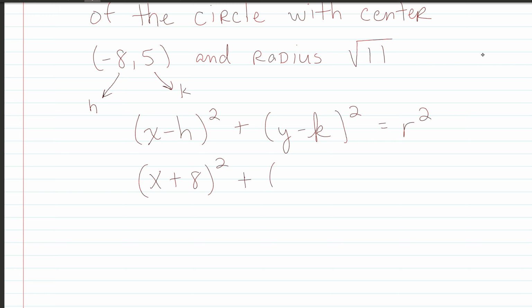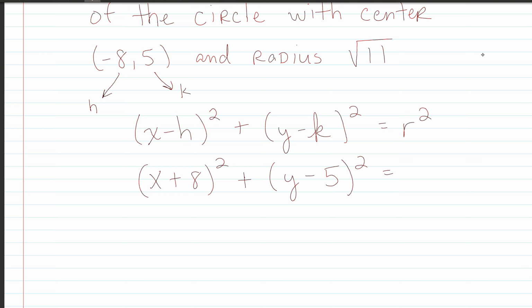This is added to y, and then our k value is a positive 5, and the negative in front of that 5 makes it a negative, and then that's raised to the second power.